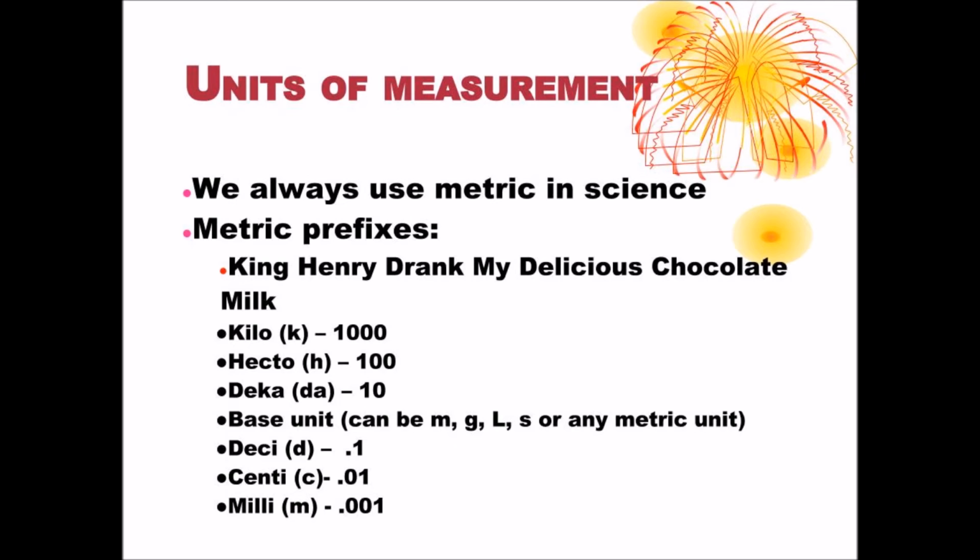A hectogram is 100 or 10 to the 2 grams. A kilogram is 1,000 or 10 to the 3 grams. A decigram is 0.10 grams, or a tenth of a gram, or 10 to the negative 1 grams. A centigram is 0.01 grams, or 10 to the negative 2. And a milligram is 0.001 gram, or 10 to the negative 3.